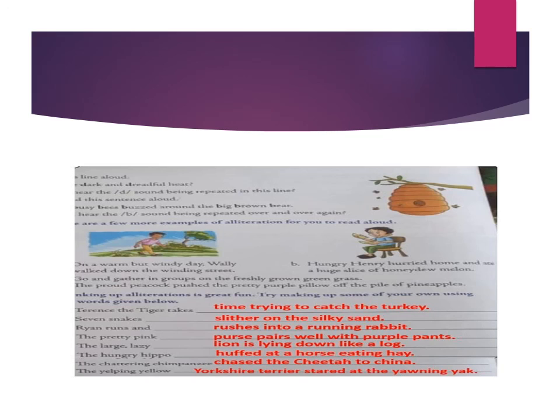See children, the yelping yellow Yorkshire Terrier stared at the yawning York. So Y letter's repetition is there. Yelping, Y, yellow, Y, Yorkshire, Y, then yawning, then York. Okay, I think that's clear to you children.